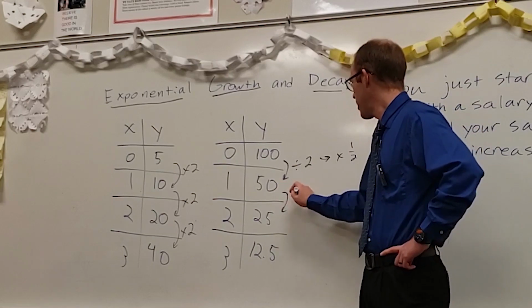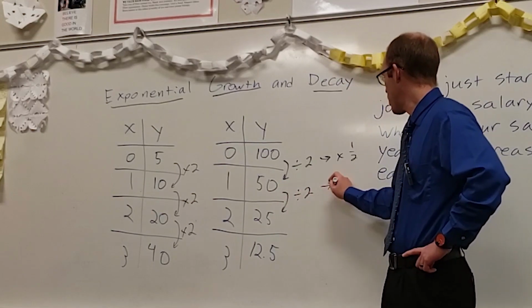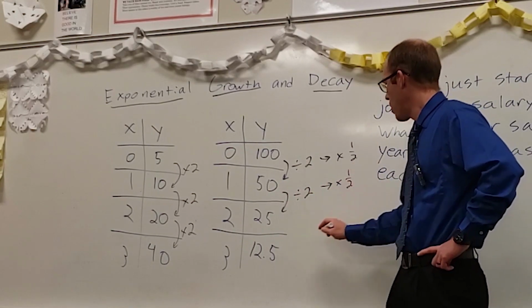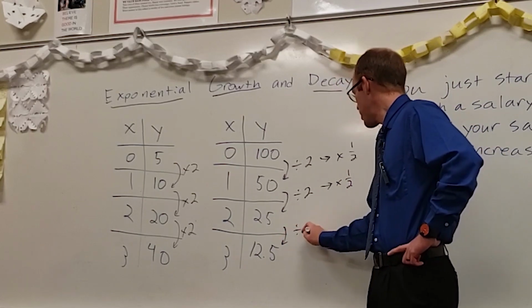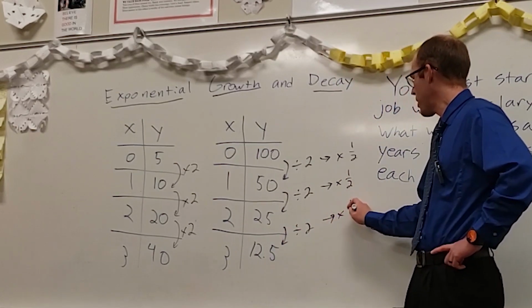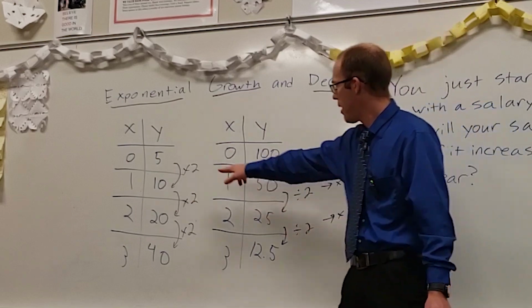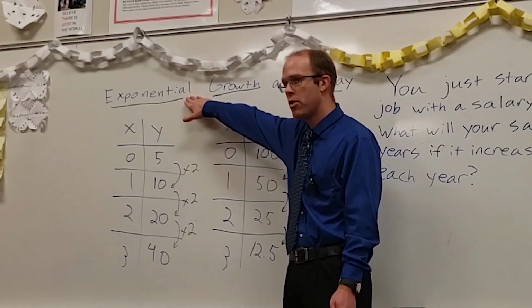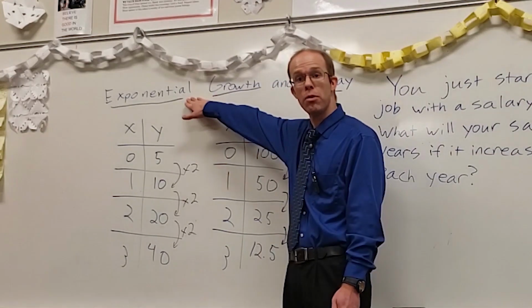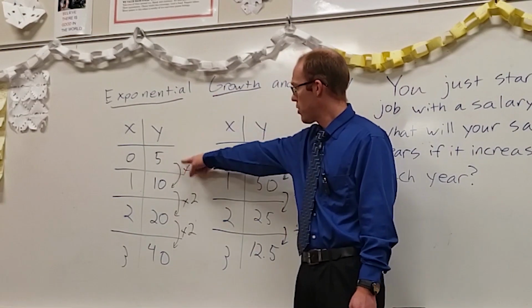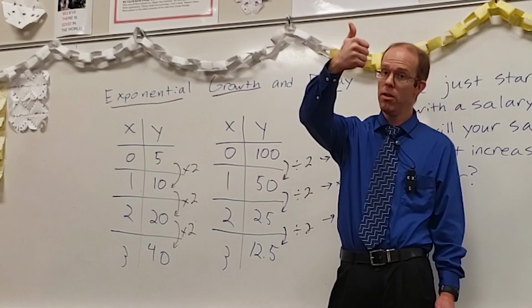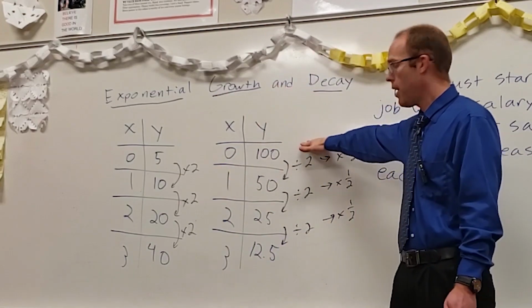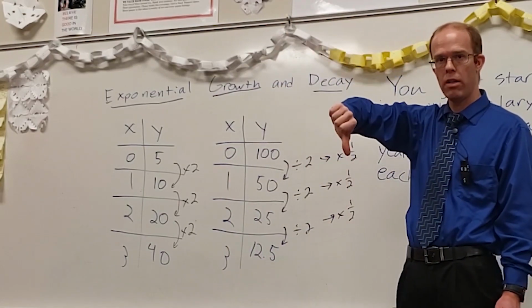Now that pattern indicates that we are working with an exponential function because we have a pattern of multiplication. This one is growth because it's getting bigger. This one is decay because it's getting smaller.